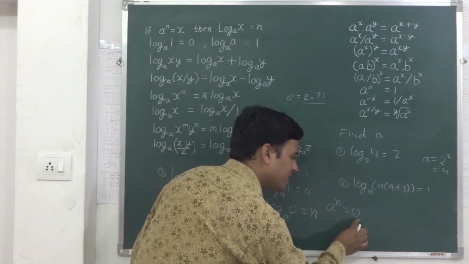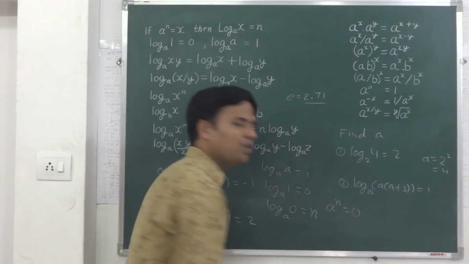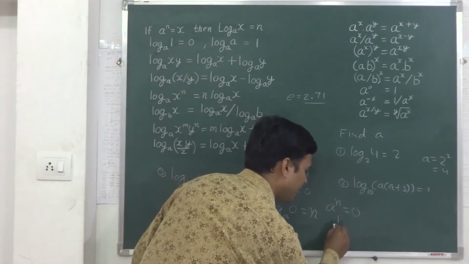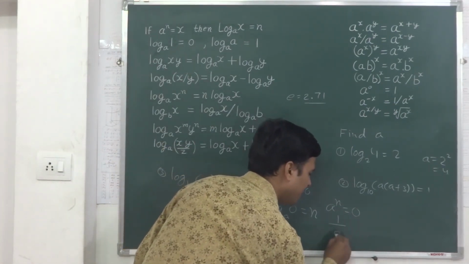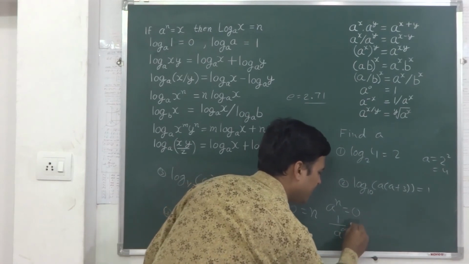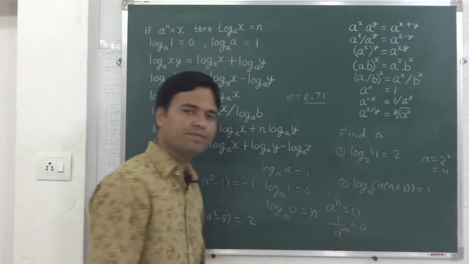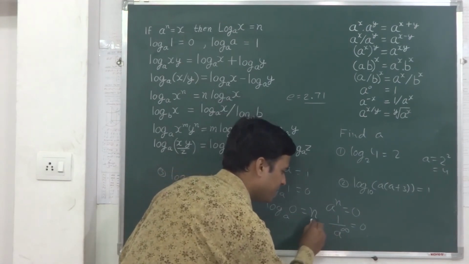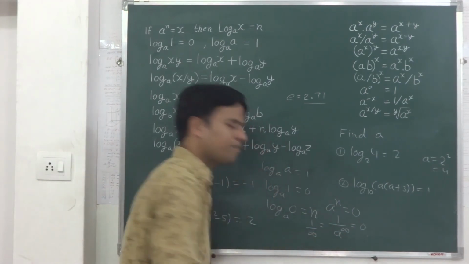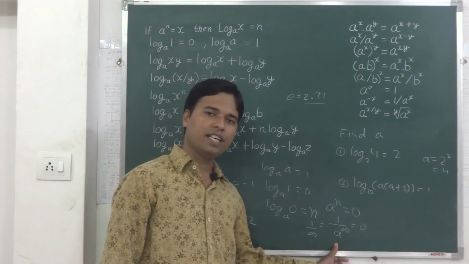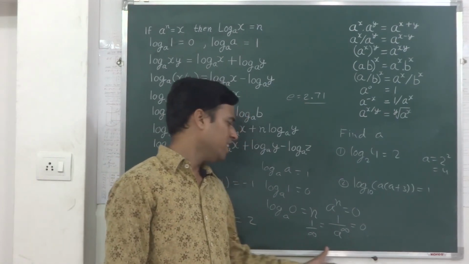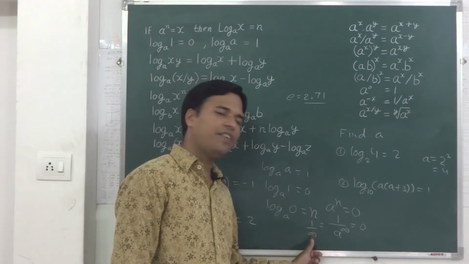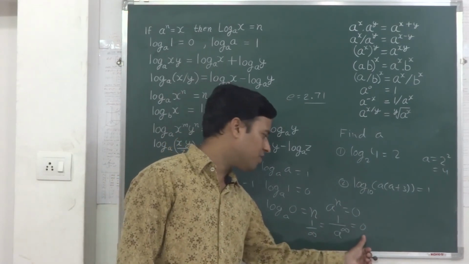But we know that 0 is equal to 1 upon infinite. So we would write here 1 upon a power infinite is equal to 0. Because 1 upon a power infinite is nothing but 1 upon infinite. If some non-zero number has power infinite, it would be equal to infinite. Then 1 upon infinite is equal to 0.